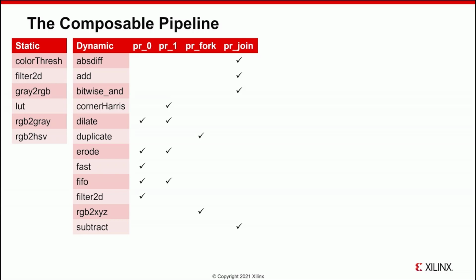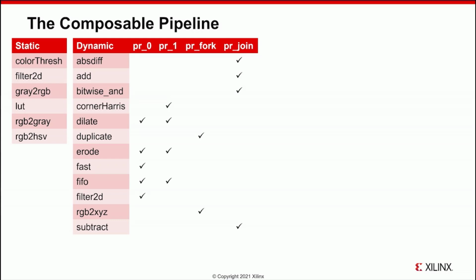The following 6 functions are implemented statically: color thresholding, filter 2D, gray to RGB, LUT, RGB to gray, and RGB to HSV. We also implemented 12 dynamic functions that map to the different DFX regions as shown in the table. The dynamic functions are sparsely distributed across the heterogeneous DFX regions.